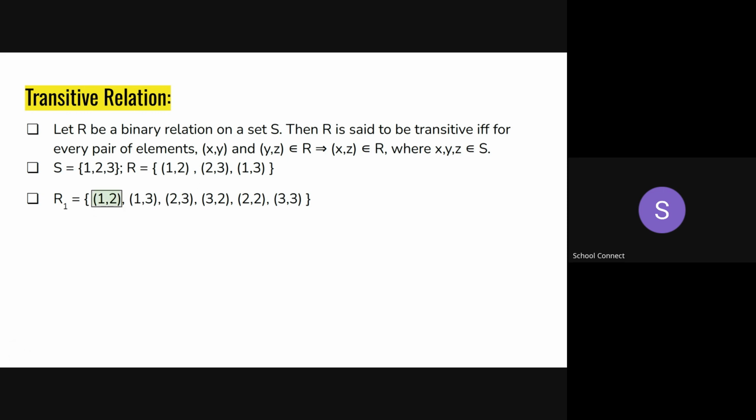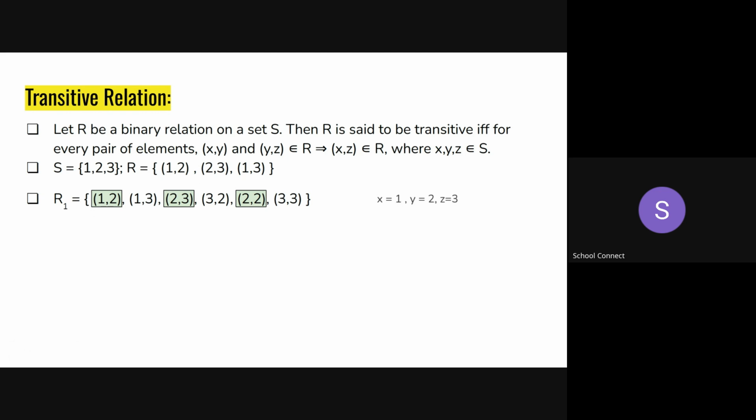So if you start with 1 comma 2, then 2 comma 3 and 2 comma 2 can be your possible y comma z pair. For 1 comma 2 and 2 comma 3, you need to have 1 comma 3, which is x comma z. For 1 comma 2 and 2 comma 2, you need to have 1 comma 2, which is already there.